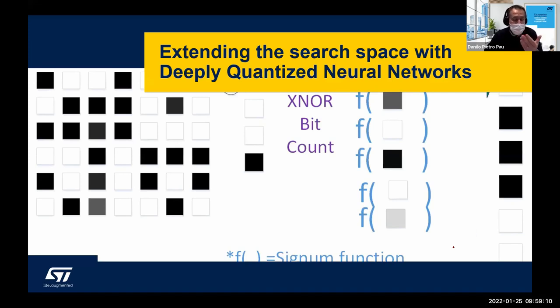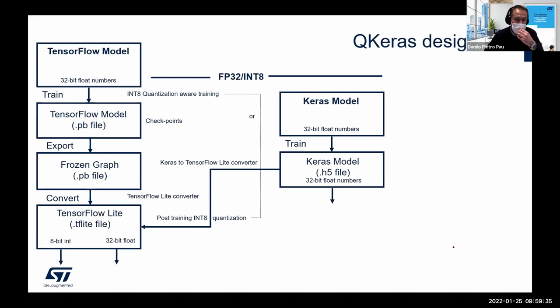So let's introduce a new challenge that will certainly affect the space of automated TinyML design: deeply quantized neural networks. This will certainly extend the search space. So NAS and HPO will become even more complex because now we are putting more and more hyperparameters on the table.